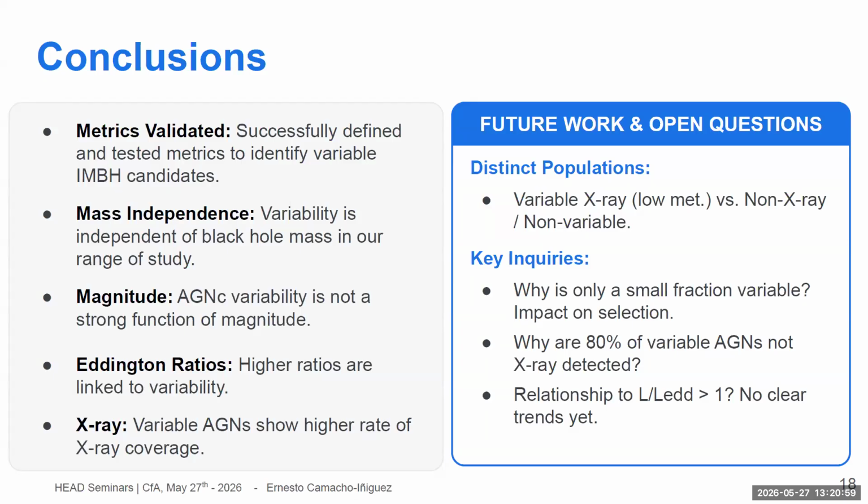How much do we trust the black hole mass there or not? Also, it is interesting to understand why, even though we have a larger X-ray detection coverage for the variable subset, 80% of them still do not show X-ray detections. And what's the relationship of all of this with accretion? We don't have clear trends yet. So yeah, thank you very much. Happy to receive any questions.